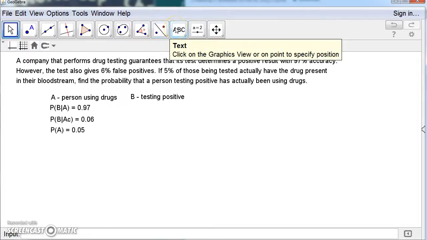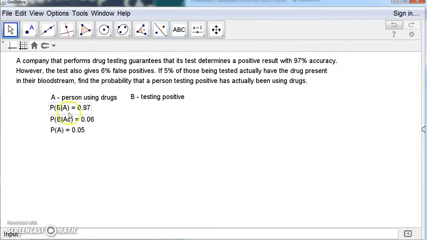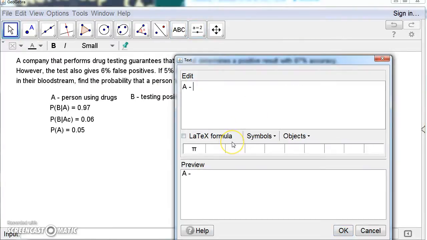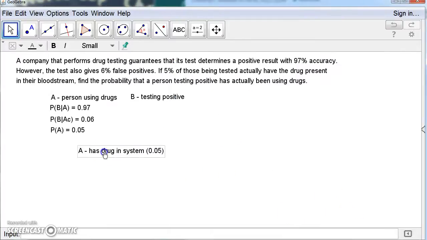So what we're going to do here is set up a tree diagram. We're going to start with event A, because as you can see, event A is the primary event here, whether or not you are actually on the drug. And event B, which is whether you test positive, is going to depend on event A. So let's start with our tree diagram. We're going to go A, has drug in system. Again, I'm just going to remind you that this is only 5%.